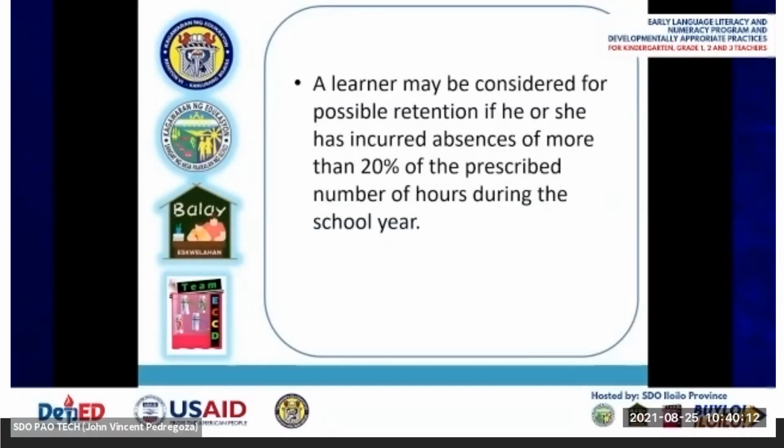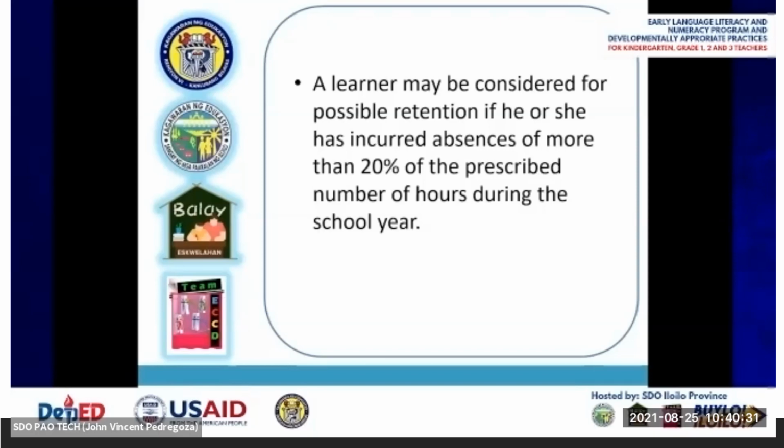So for learners who may be considered as pardos or pupils at risk of dropping out, the teacher and school head have the whole quarter to find the reasons and possible ways to avoid that 20% absences.